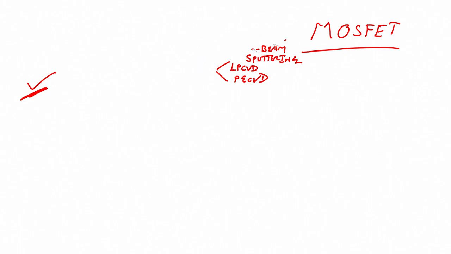Then how can we process it? That means, how can we pattern a metal? This is again a very important step, because in the next slide I am going to show you the MOSFET. So, let us see how we can pattern the metal that is deposited on the oxidized silicon substrate using photolithography. Once you know this, we will move on to the actual MOSFET fabrication.